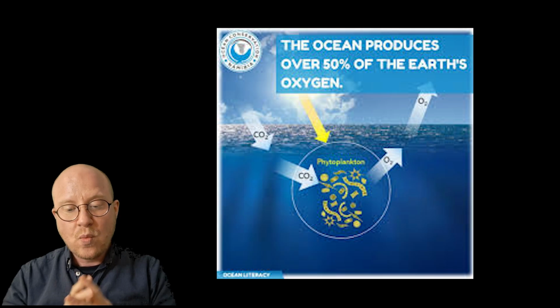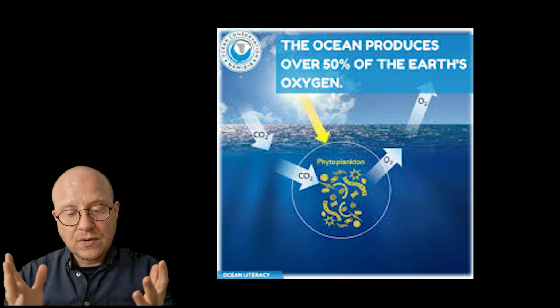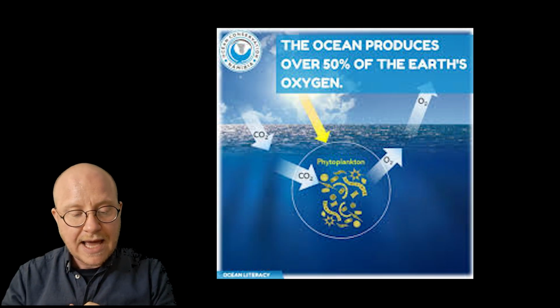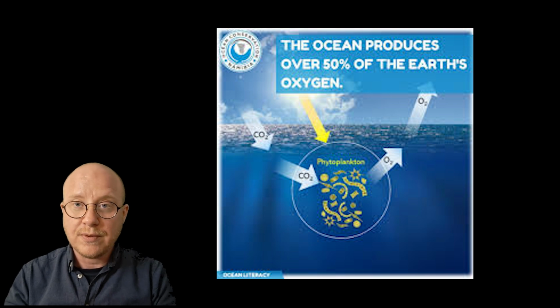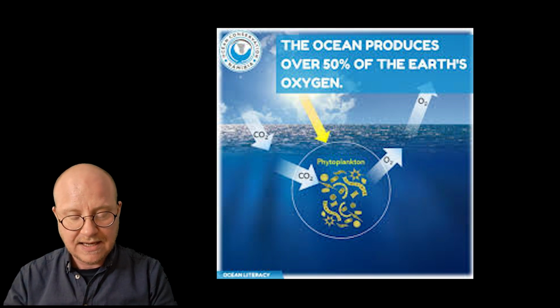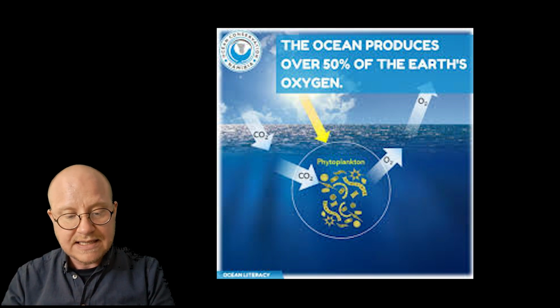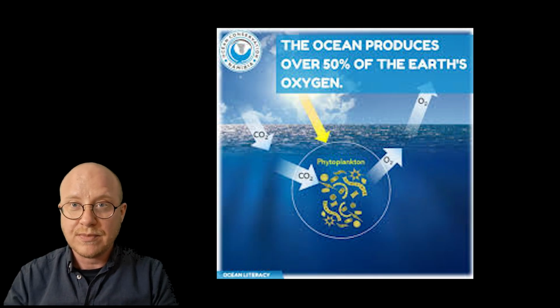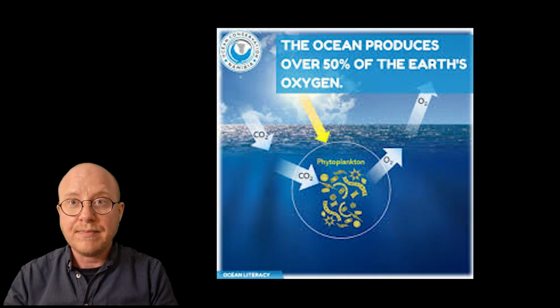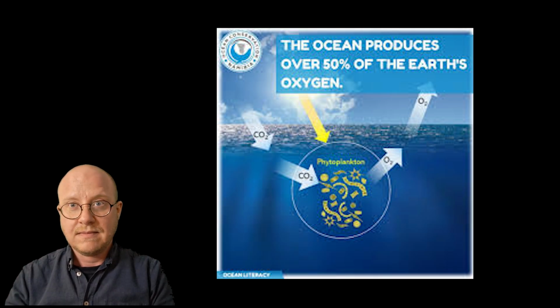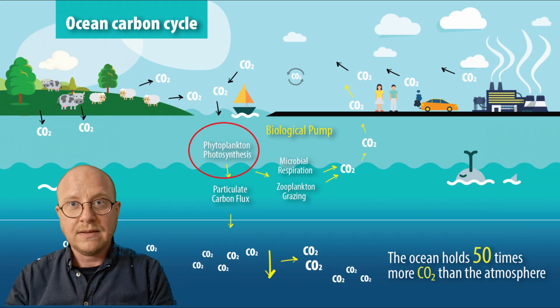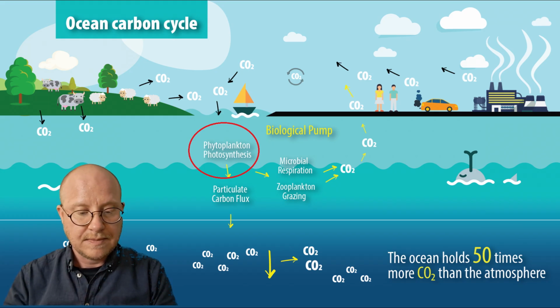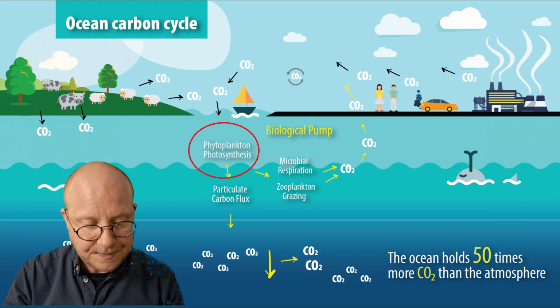They account for about half of global photosynthesis activity and are responsible for at least half of the world's oxygen production. That's really important. Phytoplankton produce 50% of the world's oxygen. Important little critters, little planty dudes, right?